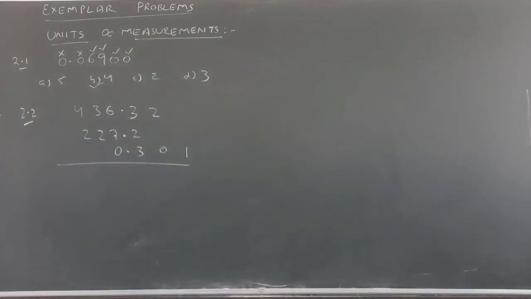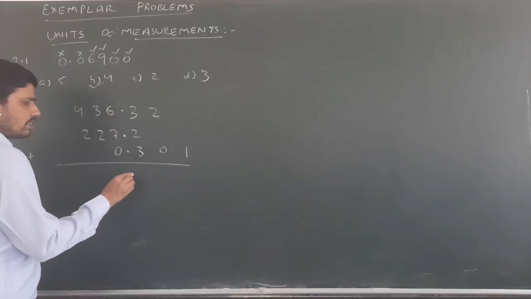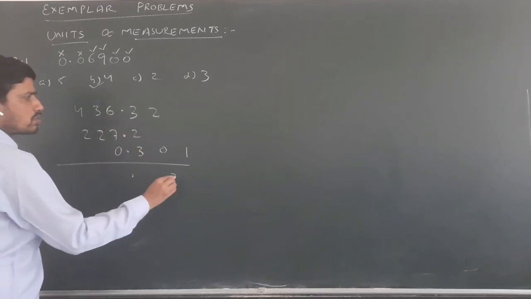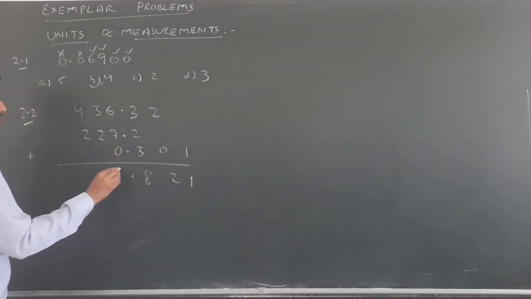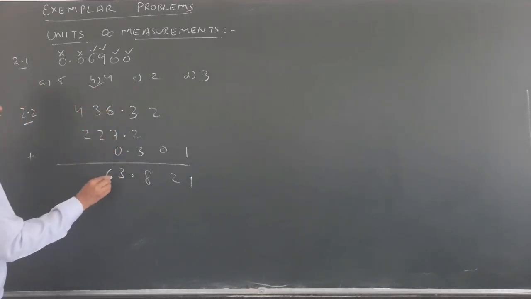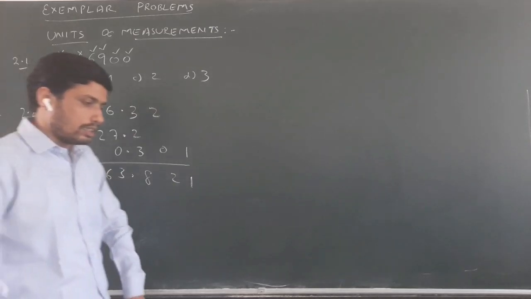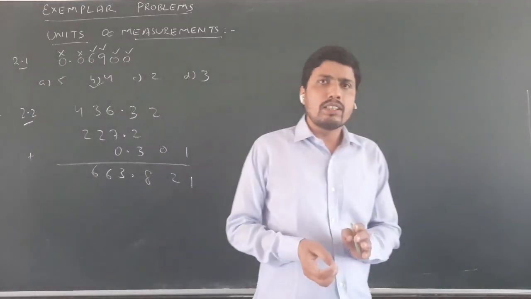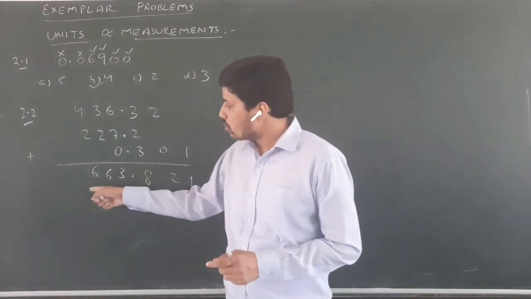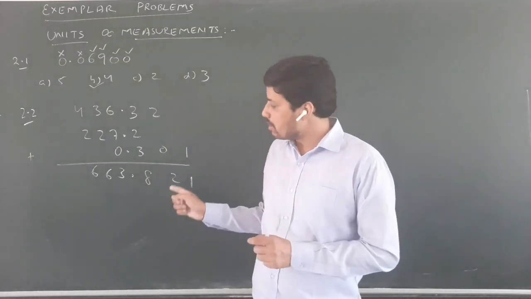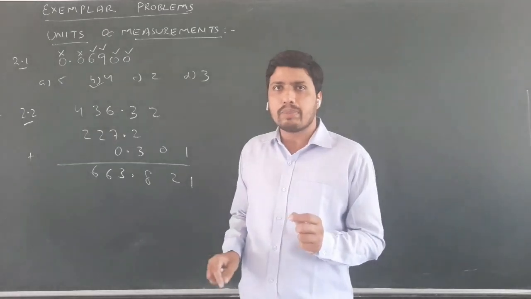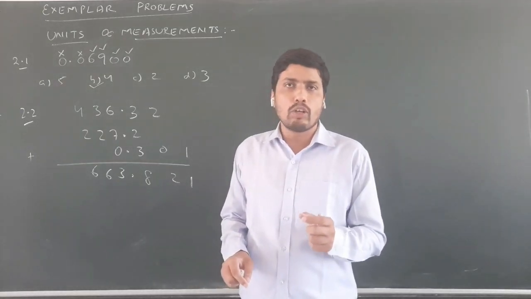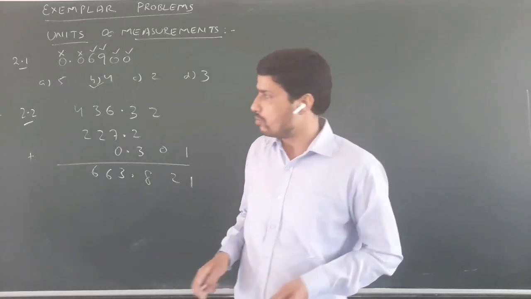See, for summation, what's the rule? We have to add them. First, let me add them. So this is 2, this is 1, this is 3, 3, 6, 2, 8. We have 7, 6, 13, 6, 6. This is the answer. Now, in addition, the rule is that your answer you should restrict to as many digits after decimal as are present in the number where we have the least number of digits after decimal.